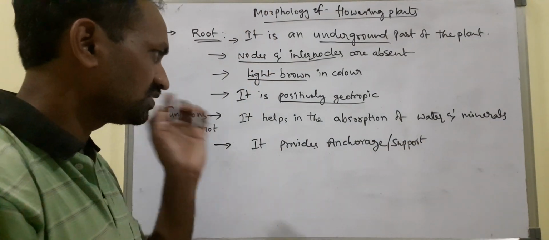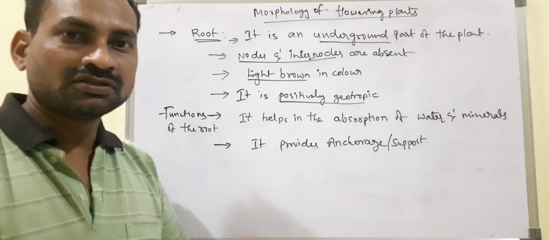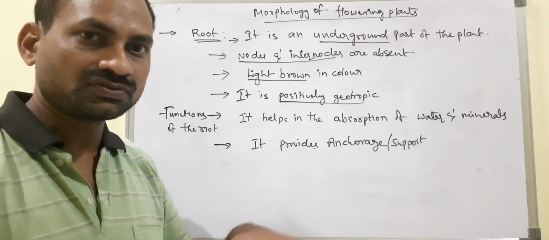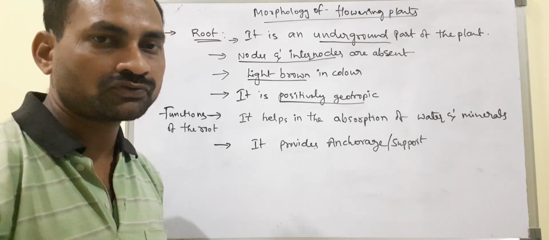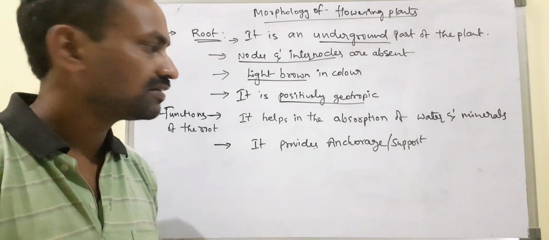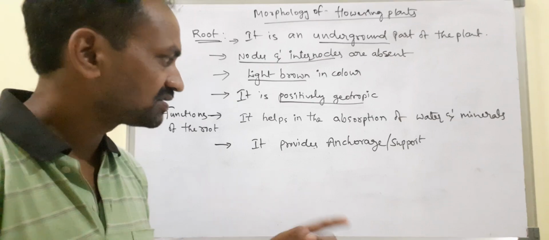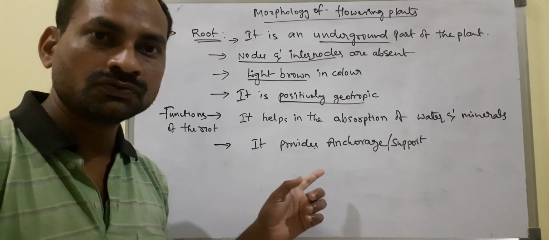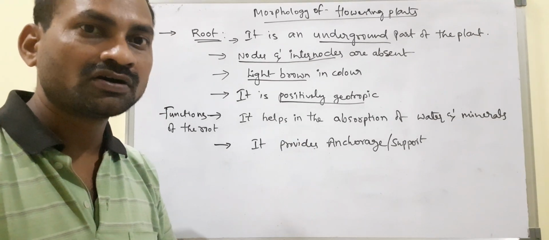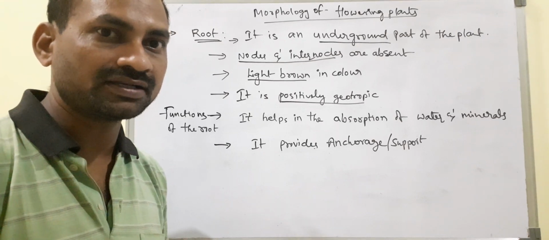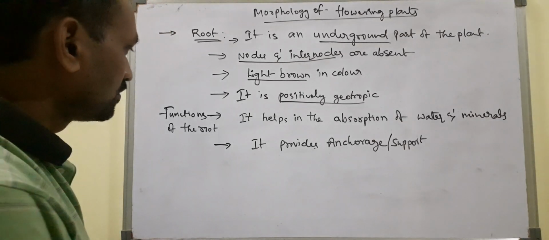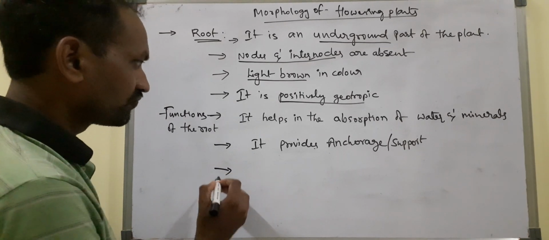So through these roots only the plant is firmly attached to the soil. So whenever there is a cyclone or heavy wind, the plant will not blow away. Why? Because due to these roots they firmly or strongly attach to the soil. Okay. And are there any other functions for the root?